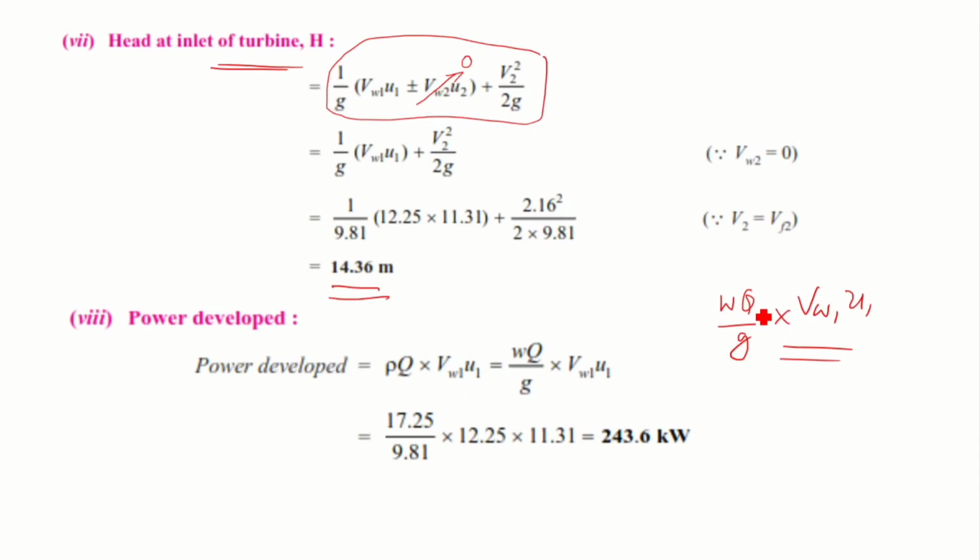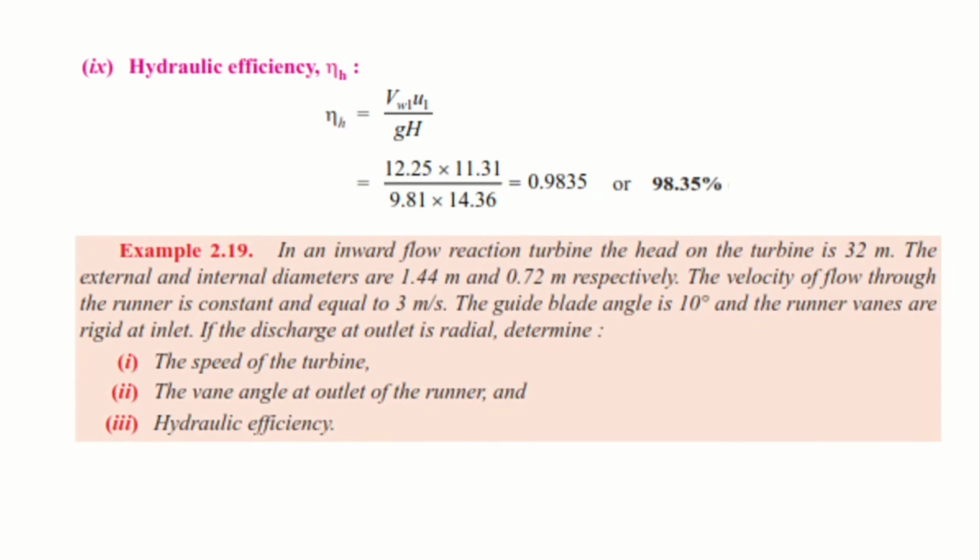Substituting the values, you will obtain the power developed as 243.6 kilowatt. Next, we need to find the hydraulic efficiency. Hydraulic efficiency is given as VW1 U1 divided by GH. This is the equation for hydraulic efficiency.